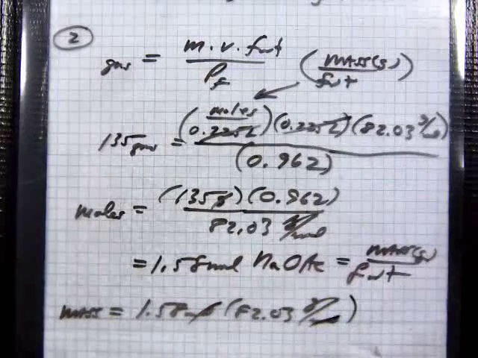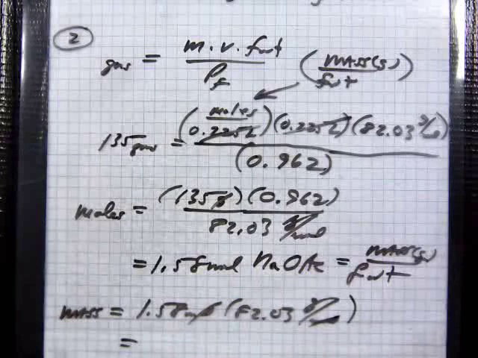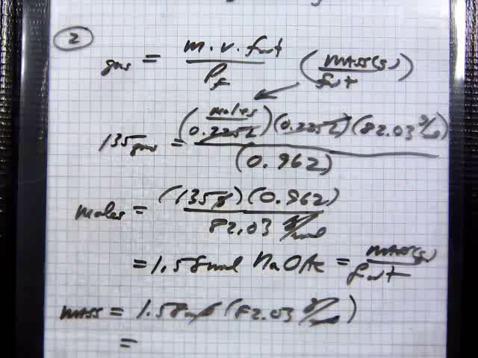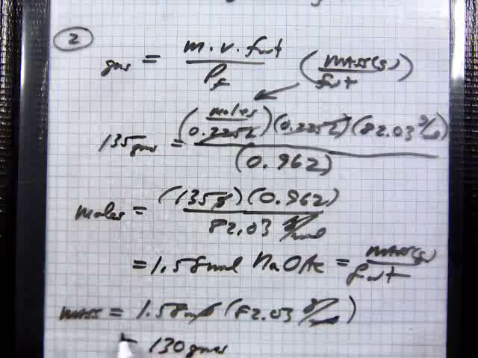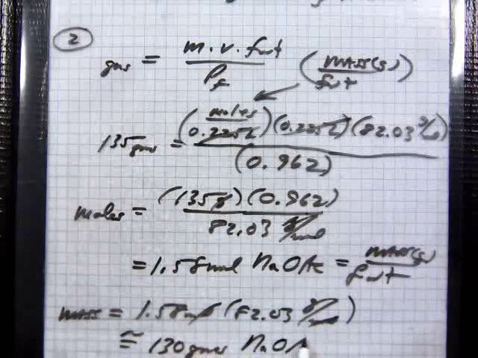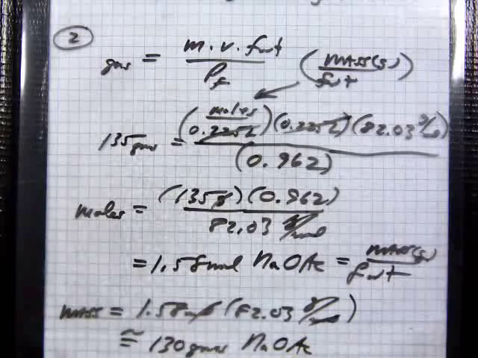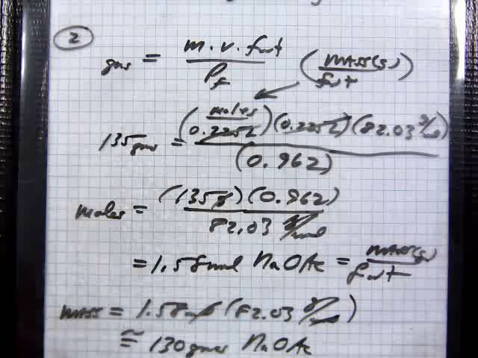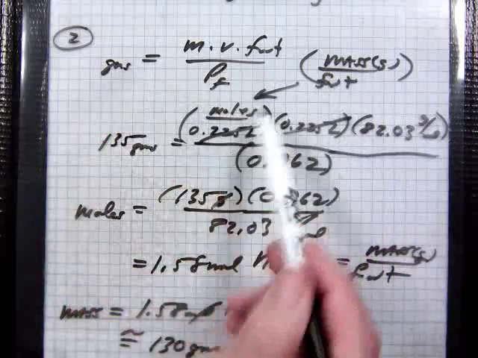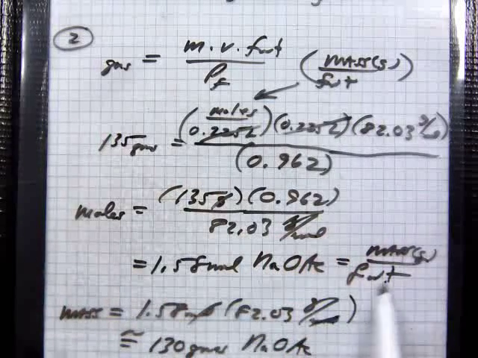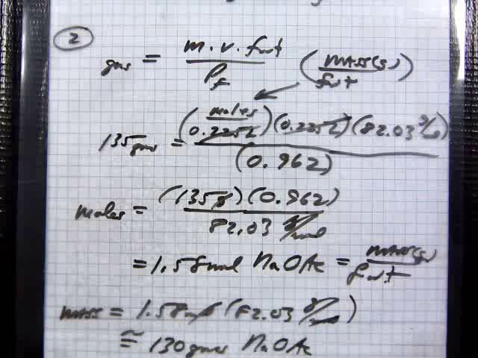So it looks like we're just kind of going in circles, but you got to deal with stuff like this. Times 82.03, and so there are 129, 130 grams of the sodium acetate added to making up the solution. So you're going to have to intuitively calculate some of these based on the definition. There's nothing in here you couldn't handle. We started with grams and recognized this as mass over formula weight. I went to moles, and then I took moles equal. Study the problem, and it'll work out.